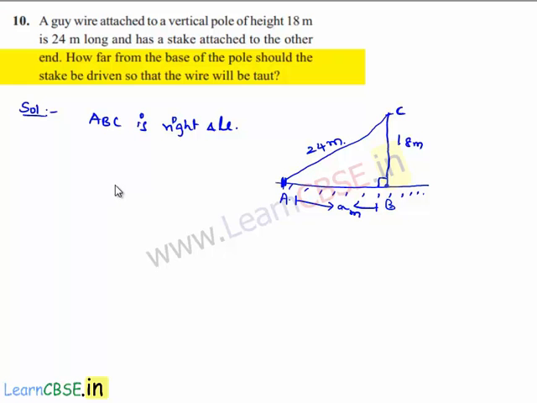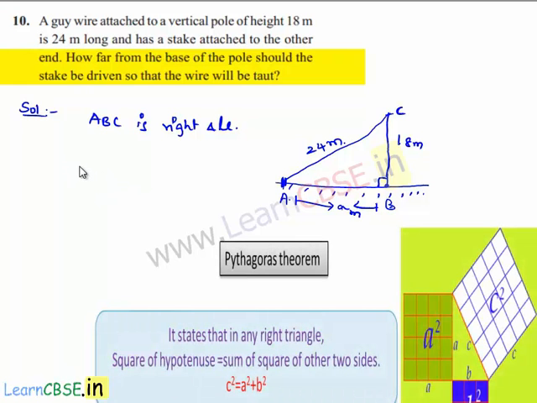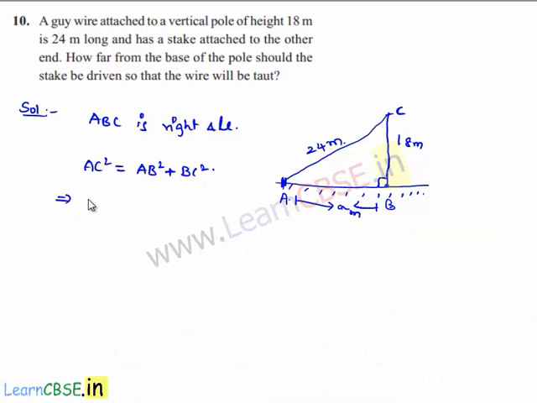Then from Pythagoras theorem, in a right angle triangle, hypotenuse square, here AC square, is equal to the sum of squares of the other two sides, that is AB square plus BC square. Which implies AC square, 24 square, is equal to AB square, that is a square, plus BC square, 18 square. That implies a square is equal to 24 square, which is 576, minus 18 square, which is 324.